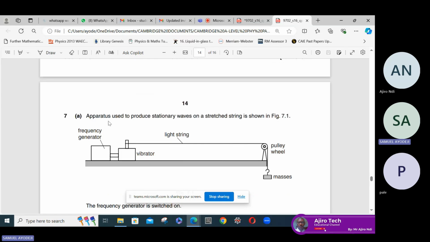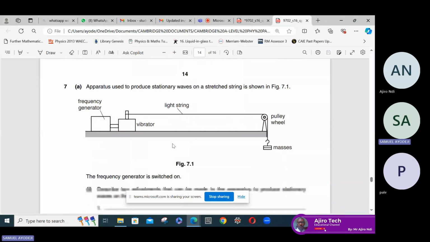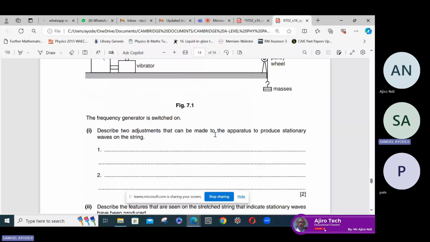We have an apparatus to produce stationary waves on the stress strain shown. Describe two adjustments that can be made to the apparatus to produce stationary wave.